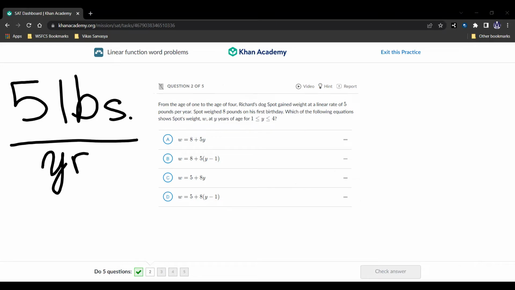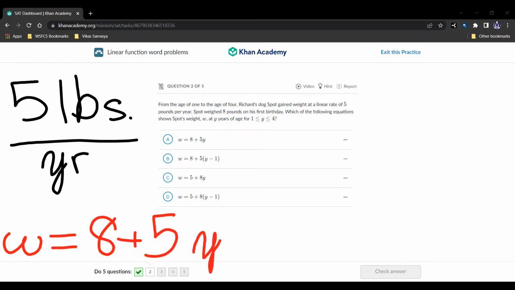Which of the following linear equations shows Spot's weight W at y years of age for 1 less than or equal to y less than or equal to 4? Well, let's see what we can do. We can write W equals, well, you start at 8, and then you get 5 for each, or no, you start at 5. Wait, okay, now I'm getting confused. You start at 8 pounds on his first birthday, and you get 5 pounds per year.